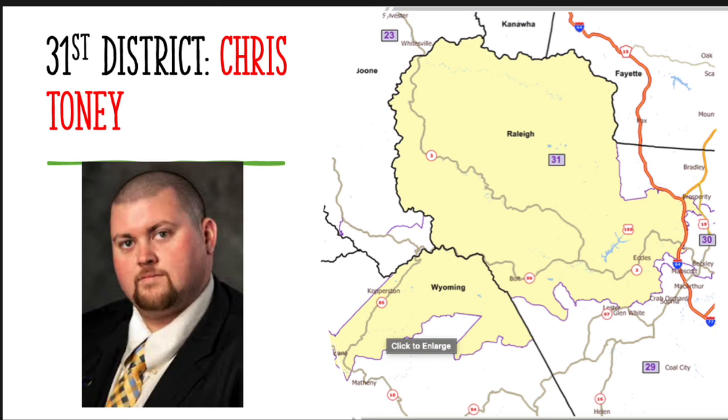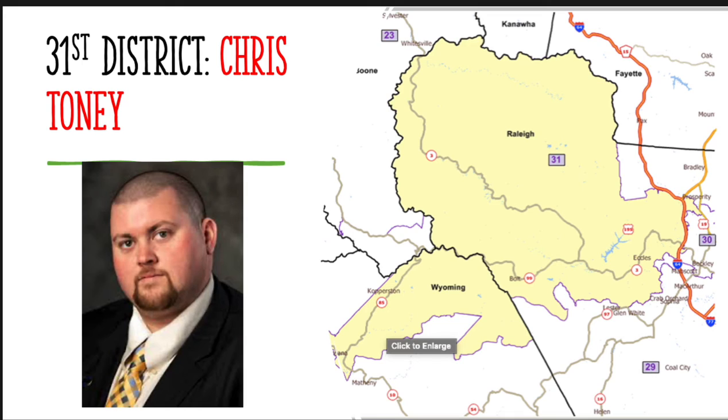Okay. All right, so Chris Toney represents a significant portion of Raleigh County and a small portion of Wyoming County, all the way over to Oceana, okay? Now these districts can be changed. The election lines can be changed. It's called gerrymandering whenever you change an election district.